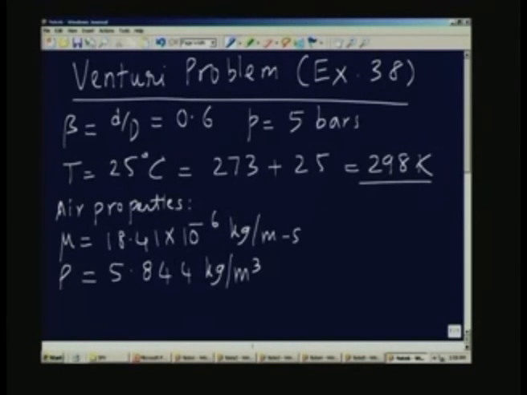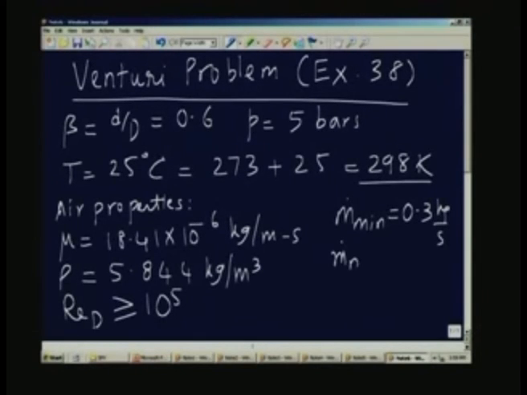So the problem specifies that the pipe Reynolds number should be greater than or equal to 10 to the power of 5, and we will say that the minimum mass flow rate is 0.3 kg per second and the maximum possible is 1 kg per second.